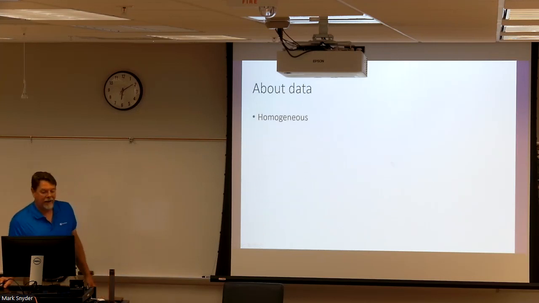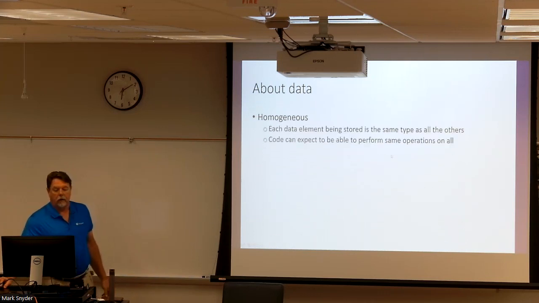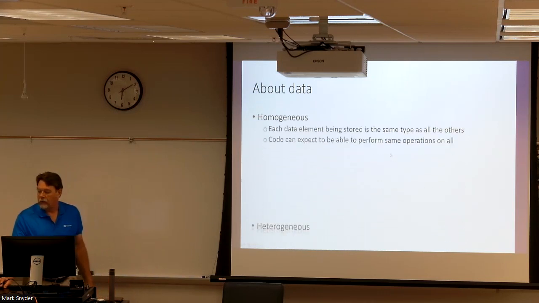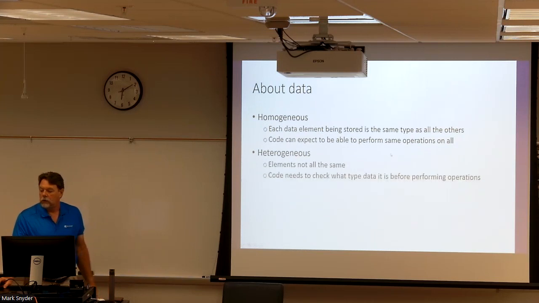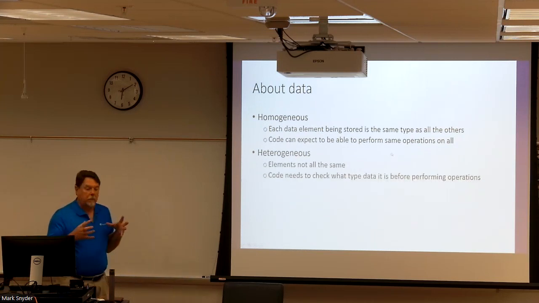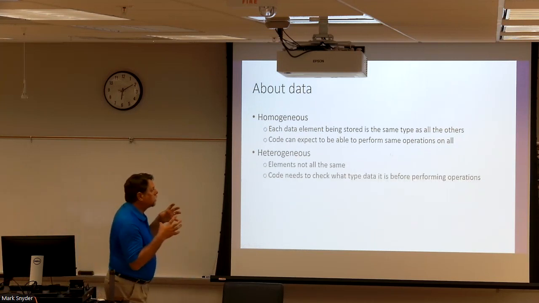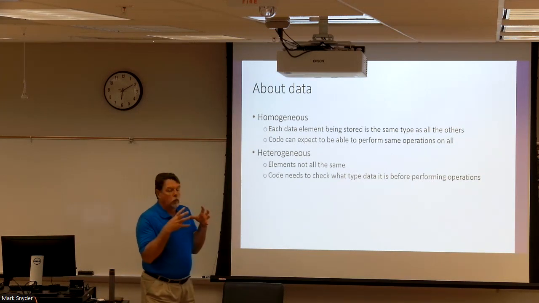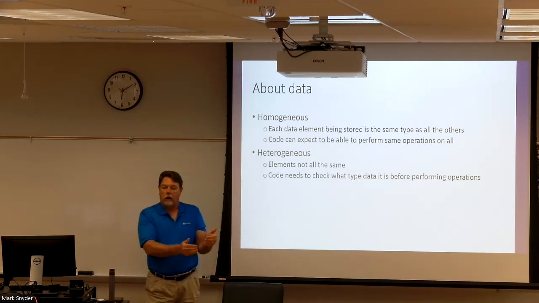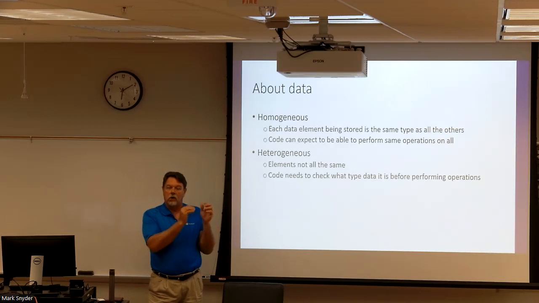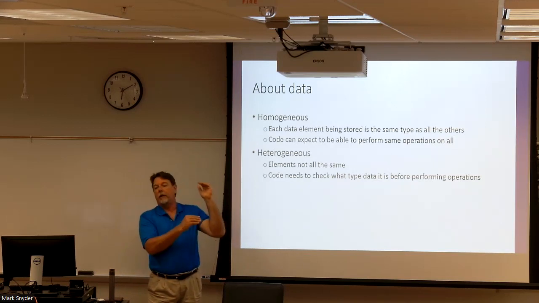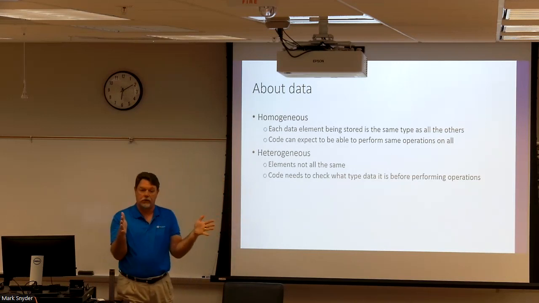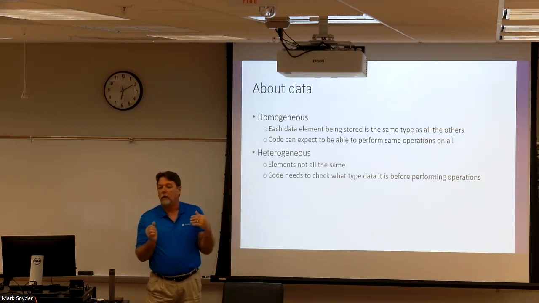Okay, when we talk about data, there's a couple of different things that we need to be aware of and think about. Some data is homogeneous, where when we look at the data in the list, it is all the same type. For example, maybe we have a list of 10 elements and every one of the elements in the list is a string. Very common.